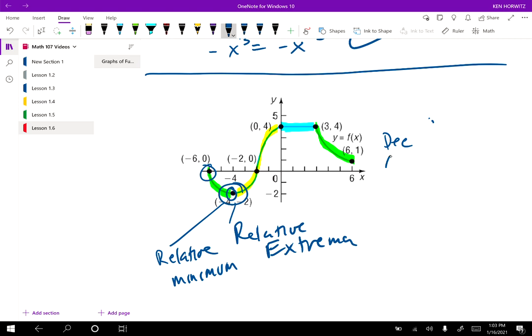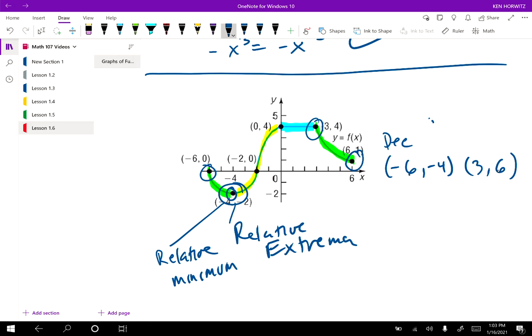So I can say it's decreasing from -6 to -4, and it's also decreasing from that point to that point, so from 3 to 6. So when you're talking about the intervals where your function is decreasing, you want to use your x values number 1, you want to use your interval notation number 2.